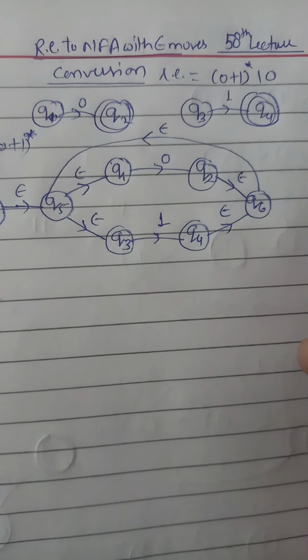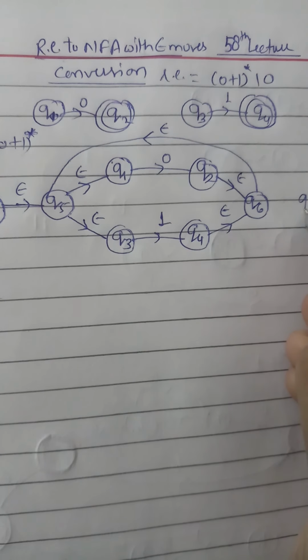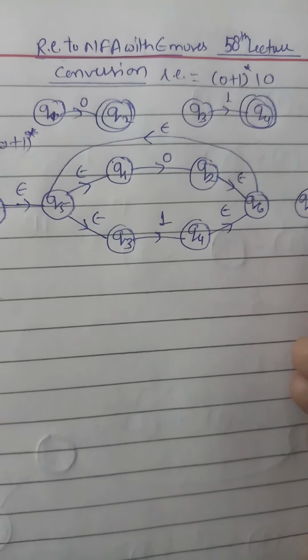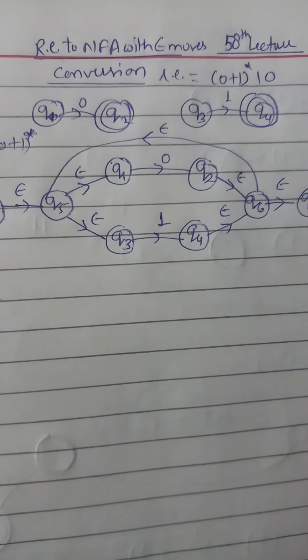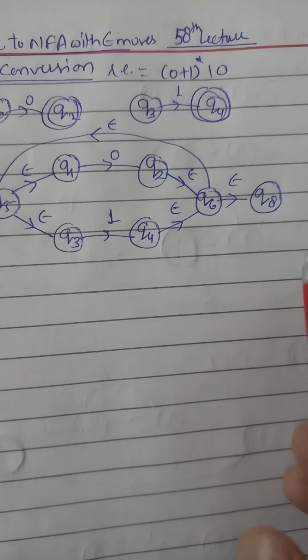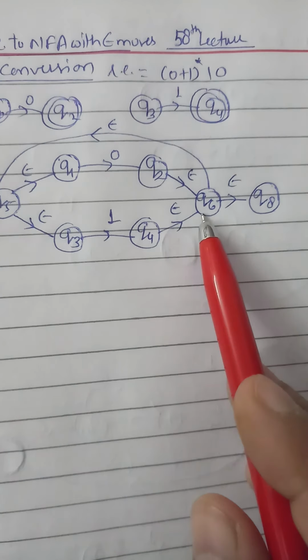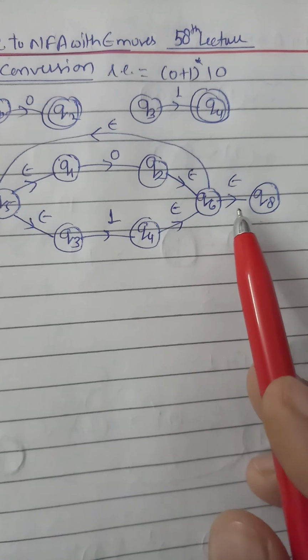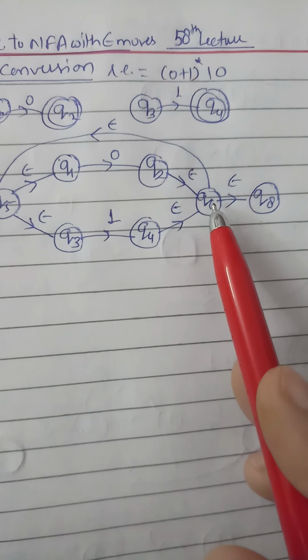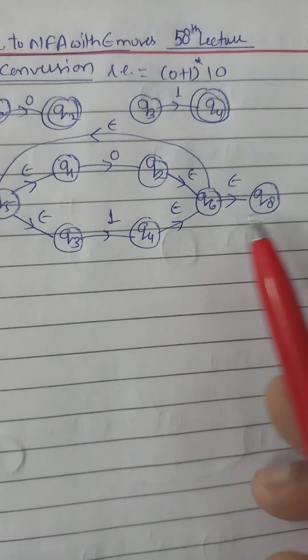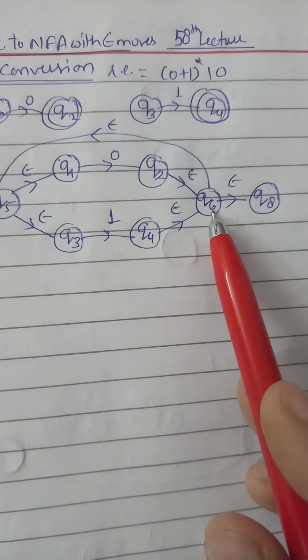Here also we add another final state, combined with an epsilon move. This new one will be the final state, not the old one, because initially it was final, now it is not.